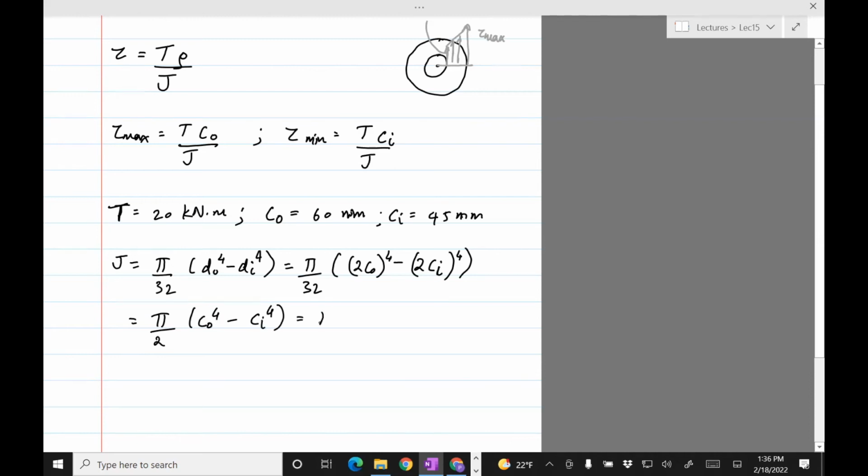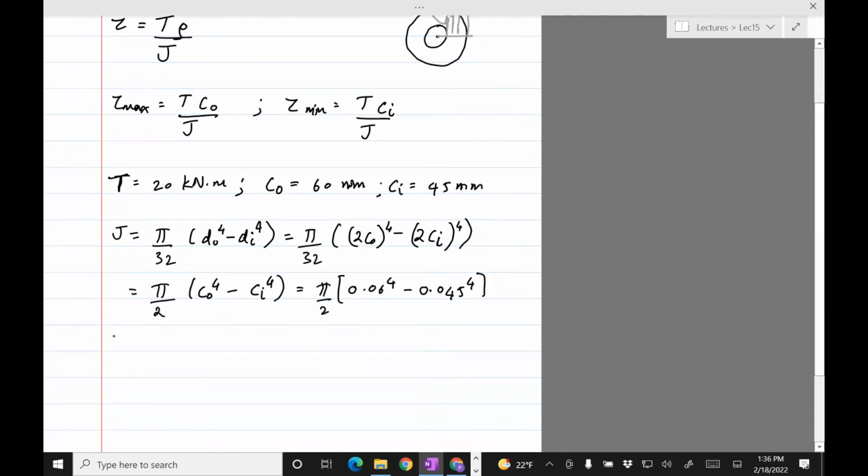And so we know what the values of those things are. C outer is 60 mm, which is 0.06 raised to 4, minus 0.045 raised to 4. So I get J equals 13.9 times 10 raised to negative 6 meters raised to 4.